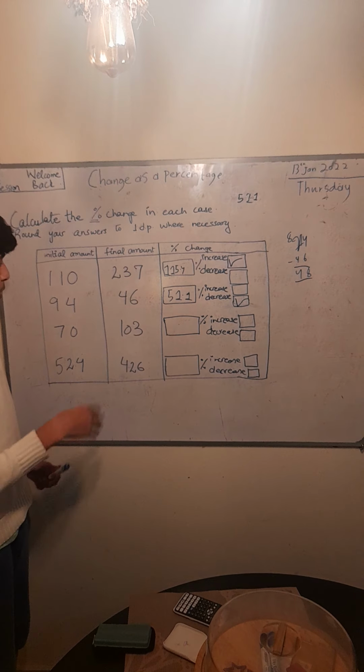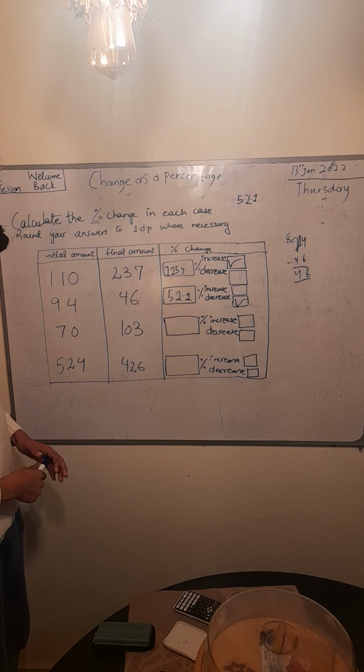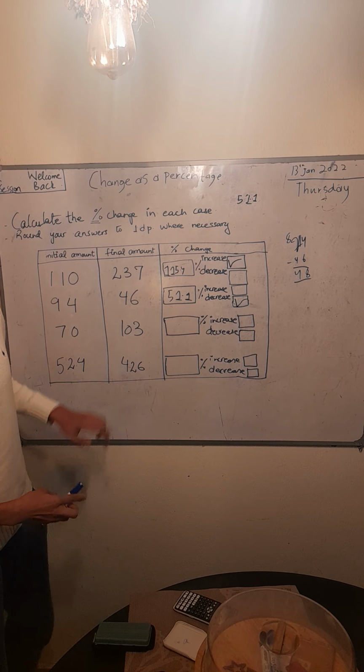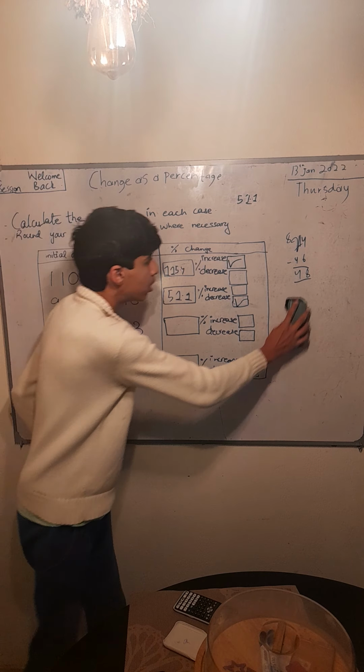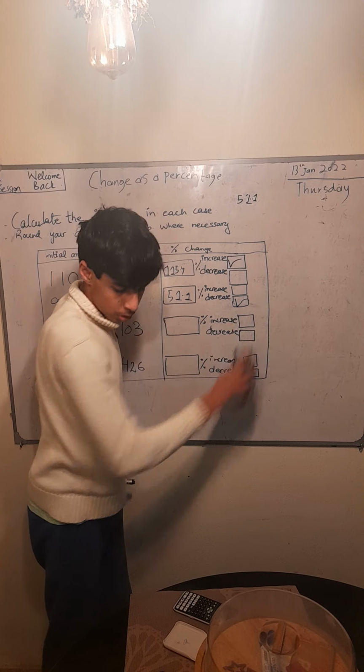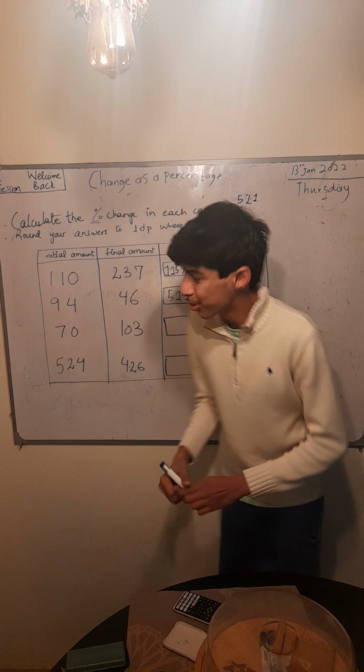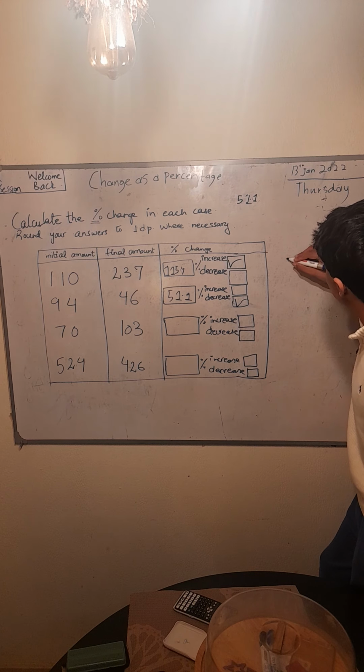Alright, moving on to the second question. Here we have 70 and 103. Again we will follow those three steps and then we will move further on. I hope you are enjoying this topic.